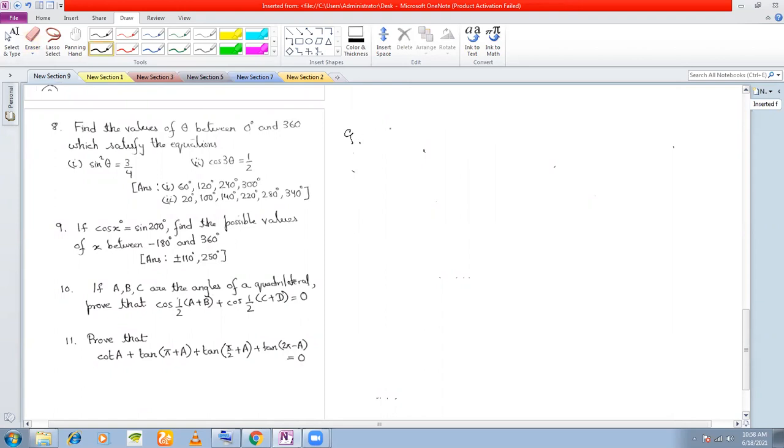You read the question, it says if cos x degree is equal to sine 200 degree. So first we make this into an acute angle. And the question here is find the possible values of x, where x lies between -1 and 360. So here x lies between these two values.